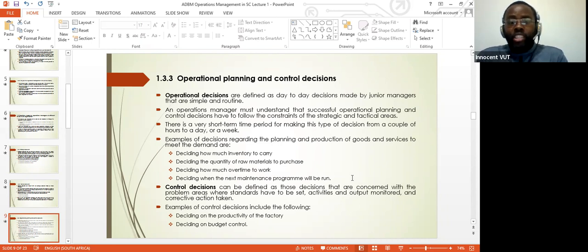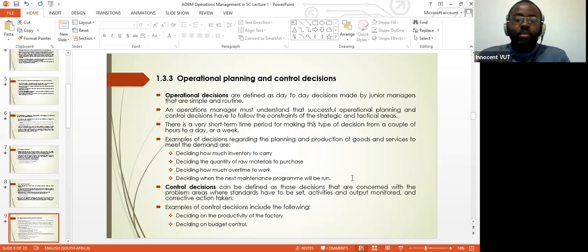So examples of decisions regarding the planning and production of goods and services to meet the demand are deciding how much inventory to carry, and deciding the quantity of raw materials to purchase. You don't need a year to decide this.